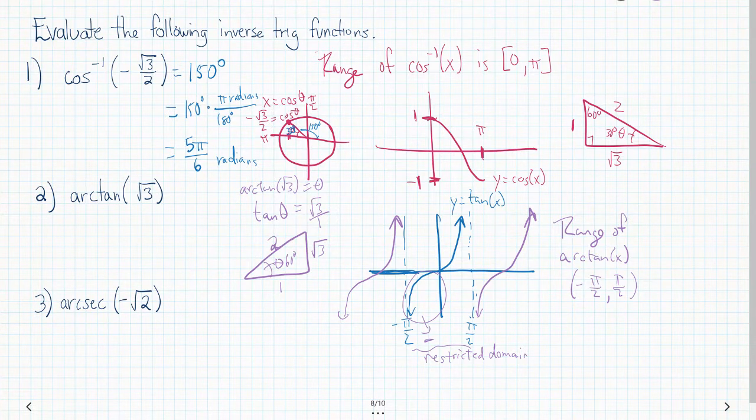Or if you wanted to convert it to radians, this is 60 degrees times pi radians over 180 degrees. So that makes pi over 3 radians.